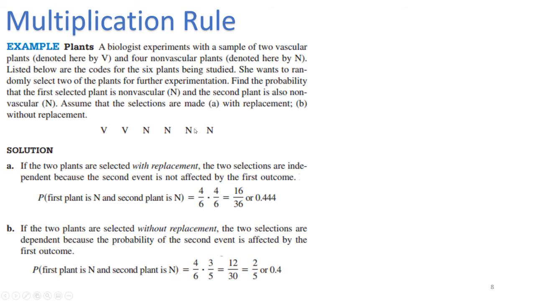And so now there are only 3 remaining. So it's 3 out of a total of 5, not 6. So see what's occurring here. This is the probability of the second plant being non-vascular, given that the first plant chosen was non-vascular. So make sure you see this. And of course the answer is 0.4.